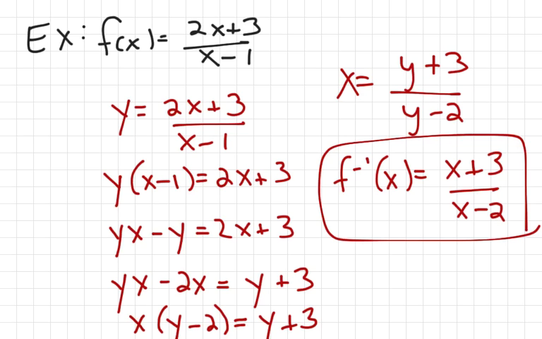Now remember, another thing you have to watch out for when you're doing these types of problems is that sometimes there is a domain. Not only can x not equal 2, because then the inverse would not be defined, x can also not equal 1 because of the domain from the original function.